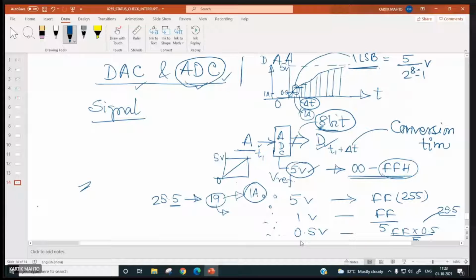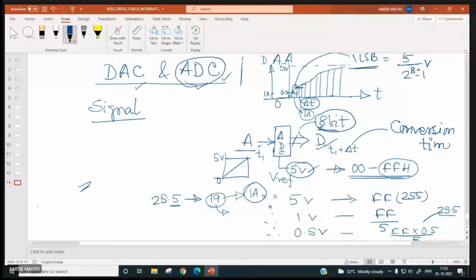So you just see here that if you want very high accuracy, then you have to increase your bits. Then only can you have better accuracy in terms of DAC.